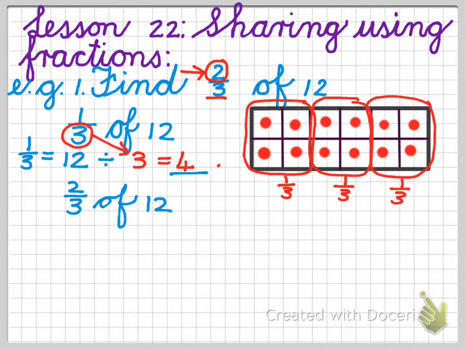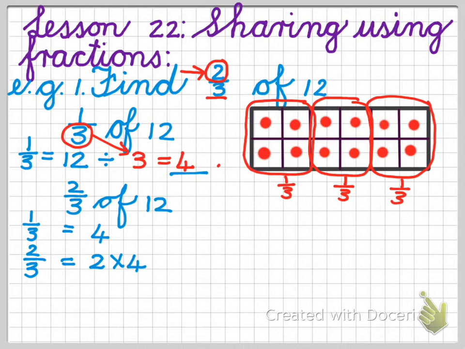We're simply going to be taking our 4, because 1/3 was equal to 4. So now we simply have to work out what 2/3 are. And then we say 2/3 are going to be, that's right, you guessed it, 2 times 4.